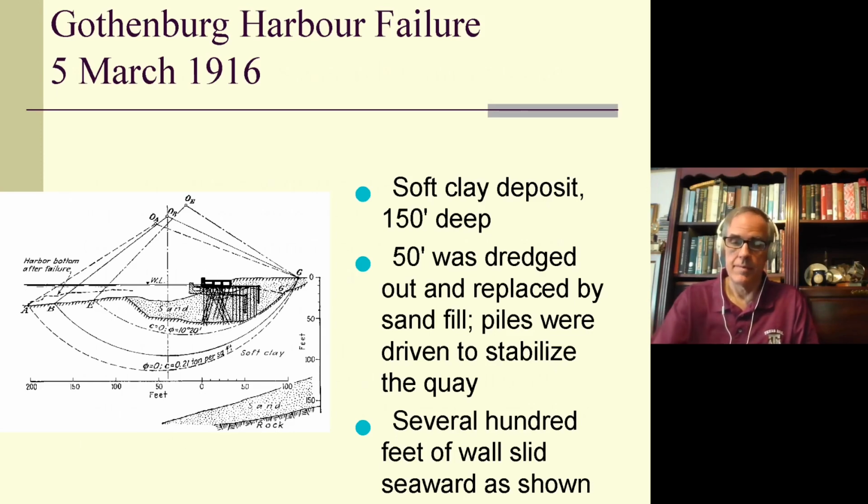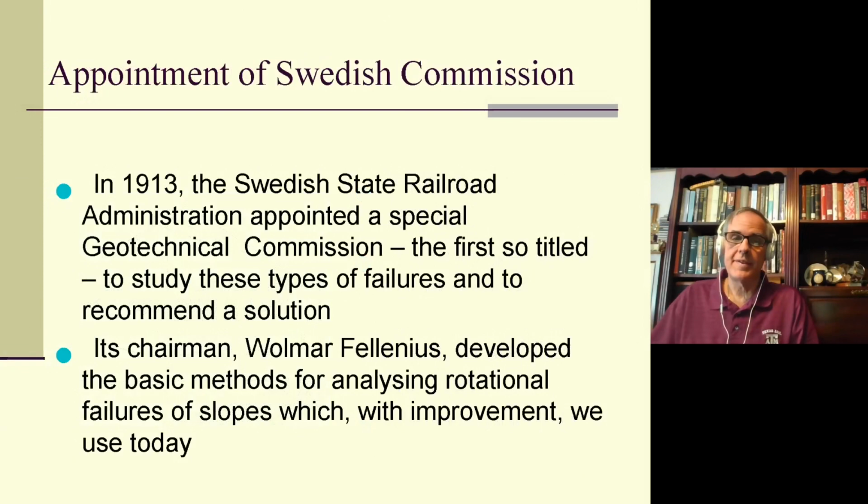They were also having the same problems with railways, and if you look in the beginning of your book from Roy, you'll see another one of those. In 1913, the Swedish State Railroad Administration appointed a special geotechnical commission to study these types of failures and recommend a solution.